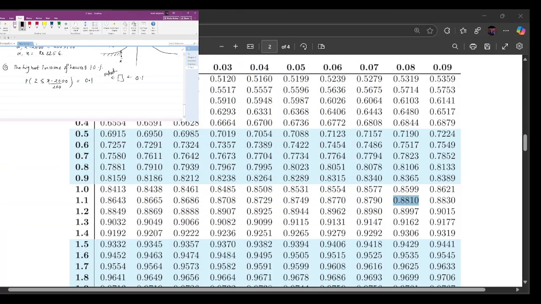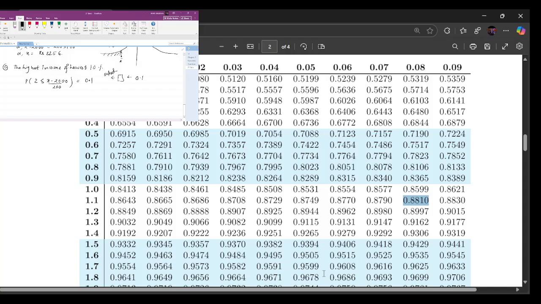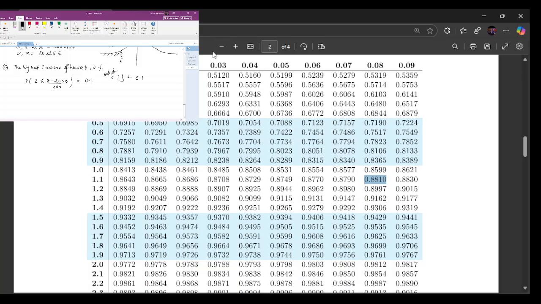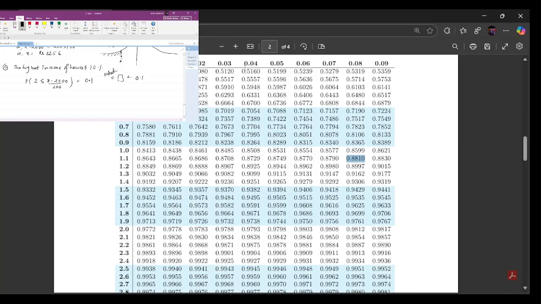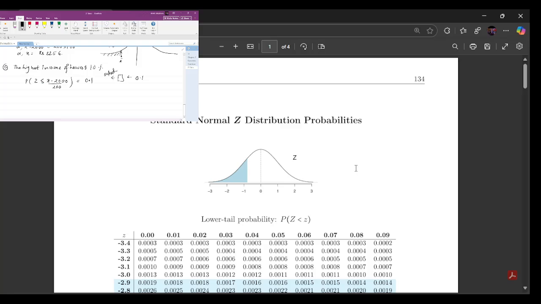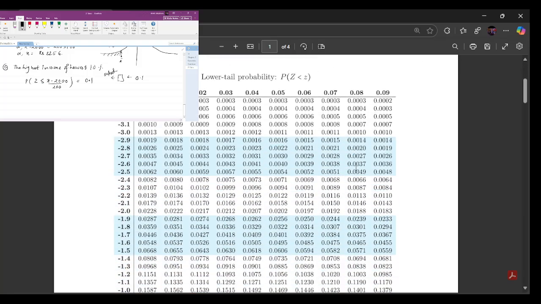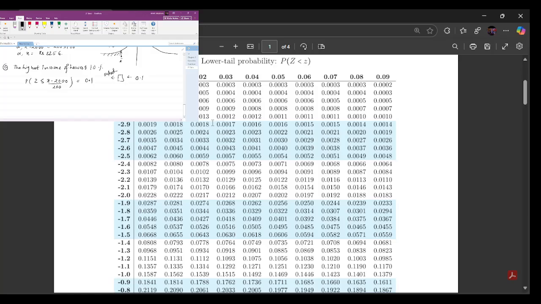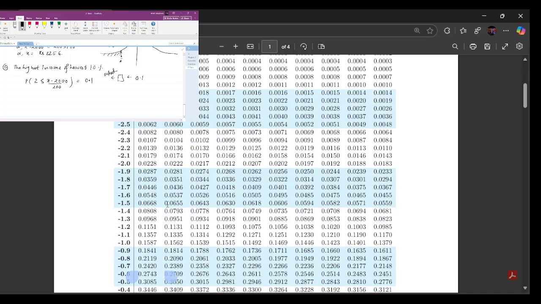Remember, this time we should use the negative Z table, because everything is on the negative side. So now we are going to look at the negative Z table. We are going to look at 0.1 and find the closest value to it.